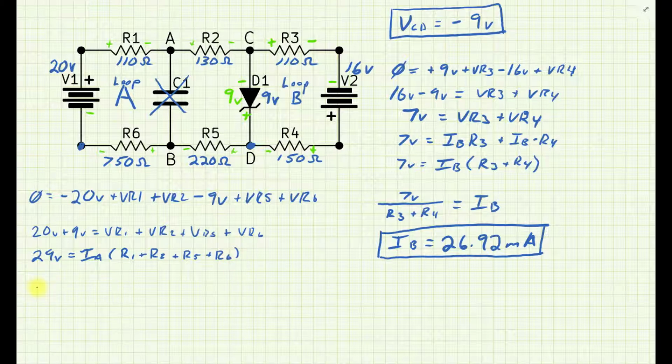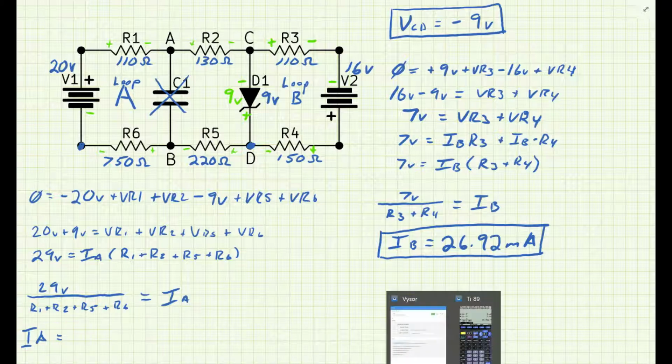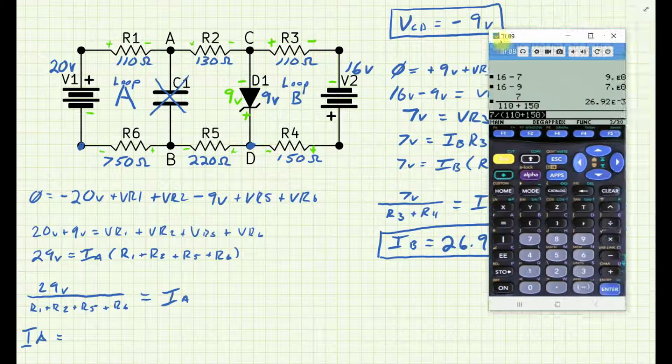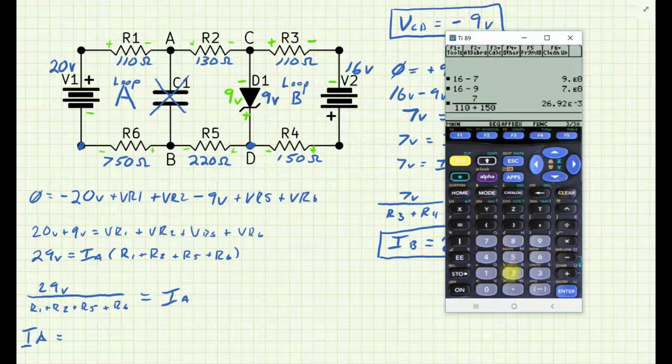Alright, so now 29 volts over R1 plus R2 plus R5 plus R6 is going to be IA. So IA equals, let's see if we can get that into the calculator properly. Clear that out.